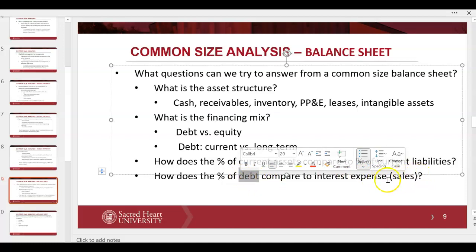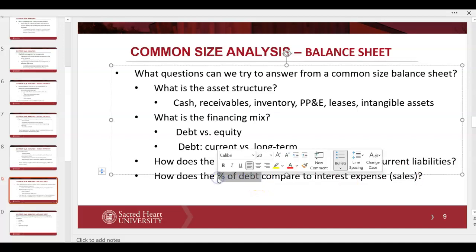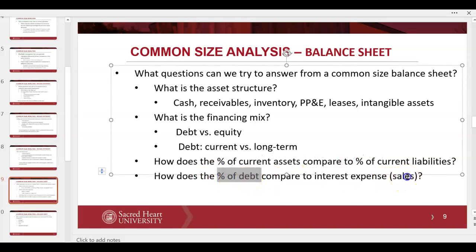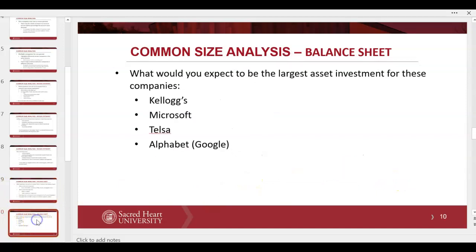But sometimes we might just want to think about how debt compares to the percentage of the company's debt. Ideally, we're using that debt to buy our assets, using our assets to generate our revenues. So we can indirectly compare that percentage of our balance sheet that's in debt to our sales.